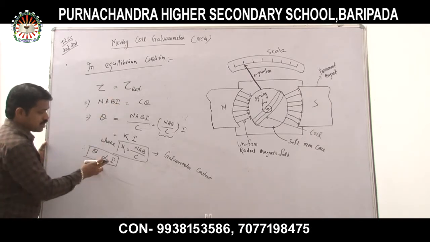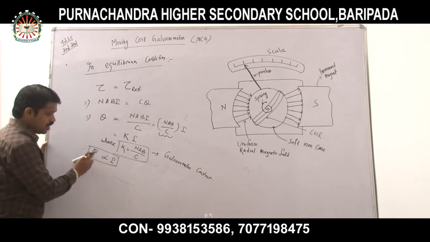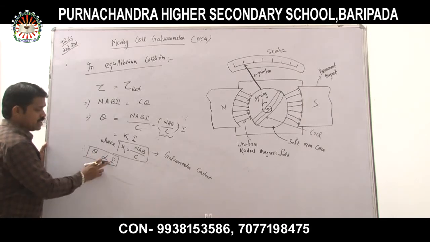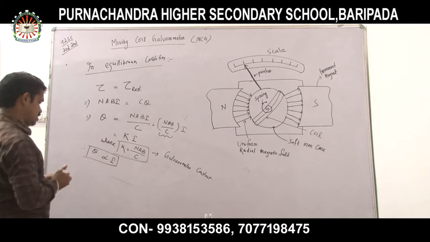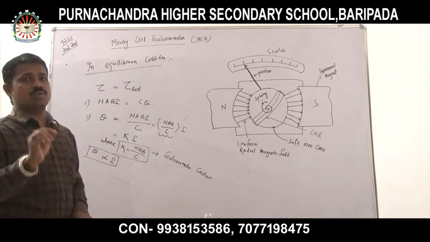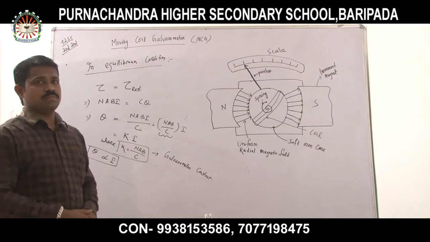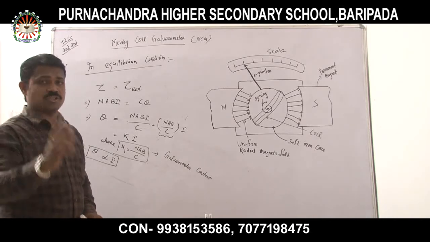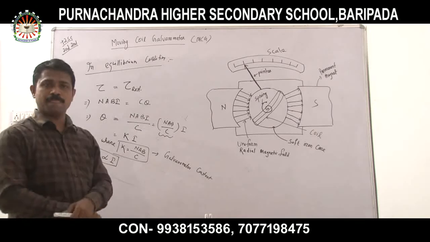If the current increases, the angle of twist increases. If the current decreases, the angle of twist decreases. Very simple. Understood? This equilibrium must be maintained in a moving coil galvanometer to get the proper deflection in the pointer.